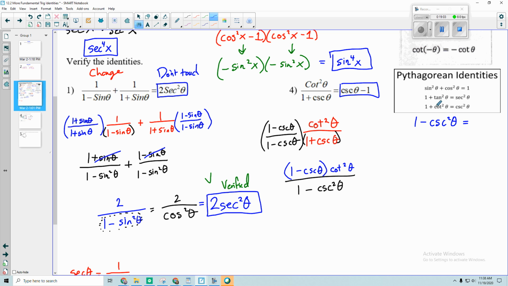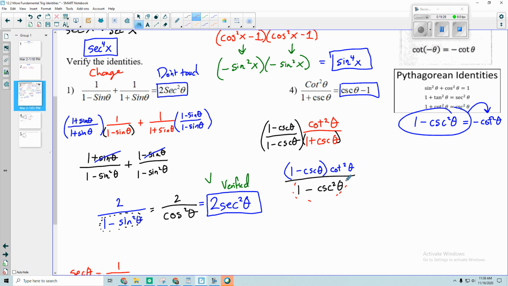And then I subtract cotangent squared theta over to the other side. So basically those two flip-flop around. This moves over here, this moves over to the right, and I have to subtract both of them to move them over. So now I know that 1 minus cosecant squared theta, I can replace all of this with negative cotangent squared theta.